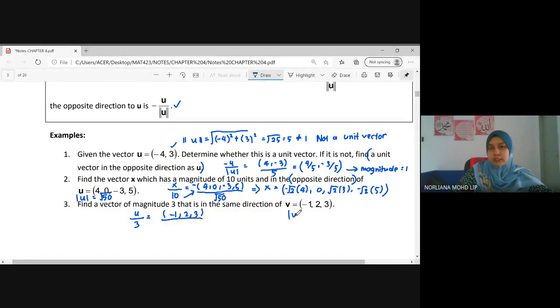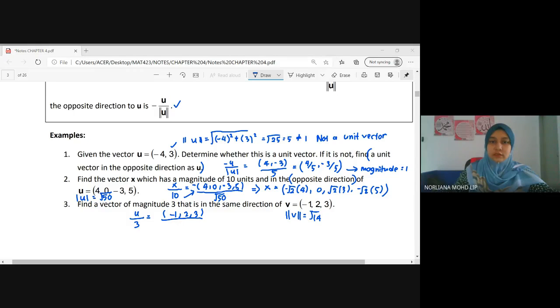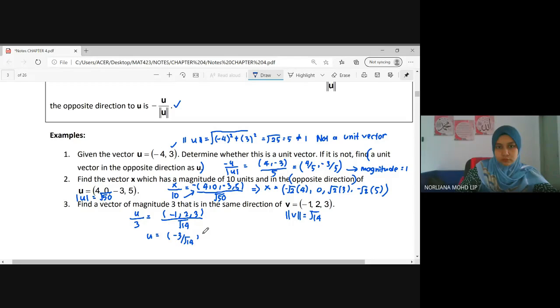The magnitude of v is the square root of 14. So we get u equal to negative 3 over square root 14, 6 over square root 14, 9 over square root 14.